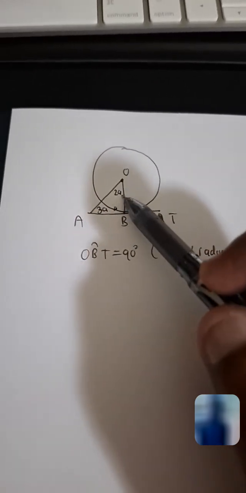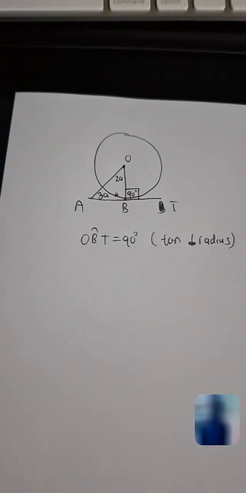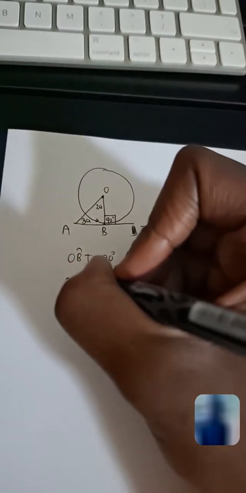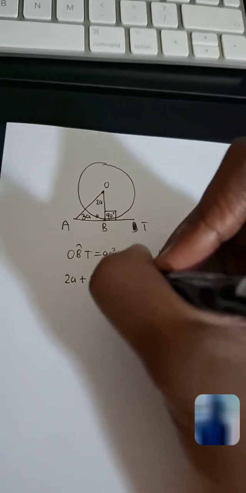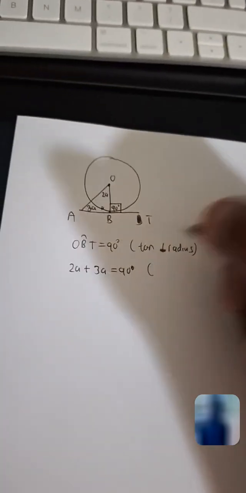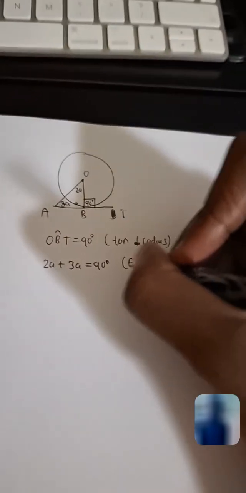Are you talking about O, this one? I'm talking about inside. Okay, so here it's fine. You can just tell me 2A plus 3A is equal to 90. You can just use what you have in there. So what's the reason? Exterior angle of a triangle.